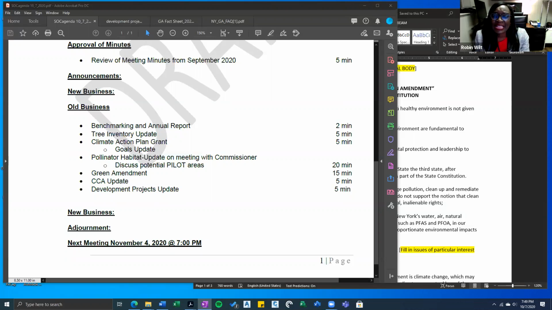And as of last Thursday, the supervisor affirmed the source power bid selection. That is a New York-based REC for 100% renewable energy for 24 months beginning on January 21st. So that will be our CCA.